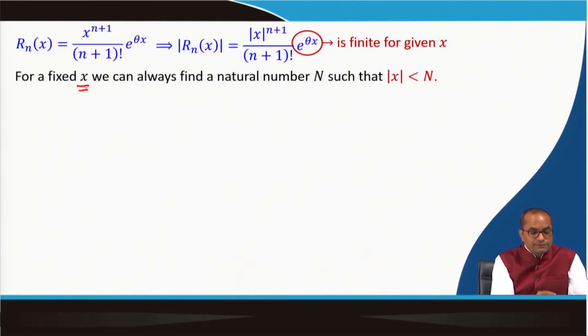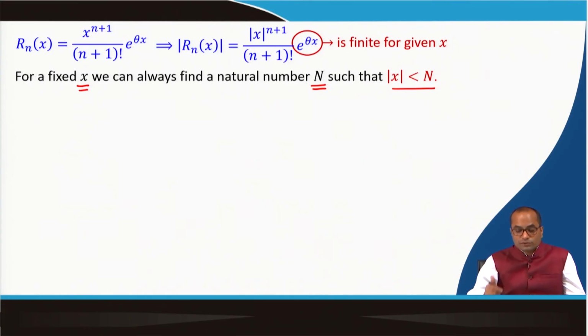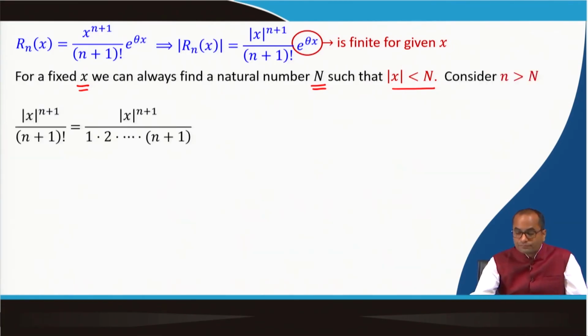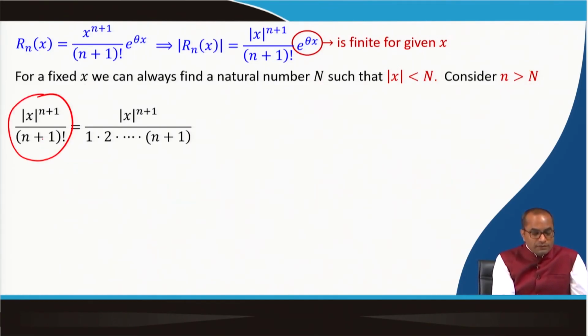So for a fixed x, we are not taking a particular x, it can be any x, however large or small, but it is a fixed number, and we can always find a natural number N such that this N is even bigger than the absolute value of x. This is possible, and then we choose a small n which is even bigger than this number N, which was bigger than the absolute value of x. Having this small n, now we will write this quotient, |x|^(n+1) over (n+1) factorial, as a product.